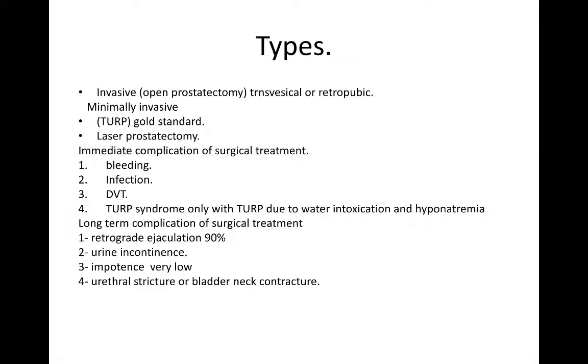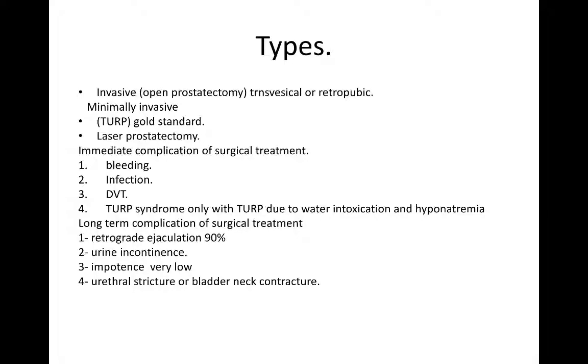Long-term complications of surgical treatment of the prostate include retrograde ejaculation, because there is resection of the bladder neck and the smooth muscle of the bladder neck. Retrograde ejaculation occurs in a very high percentage, about 90%. Urine incontinence: usually there is temporary urine incontinence that occurs immediately after the surgery.